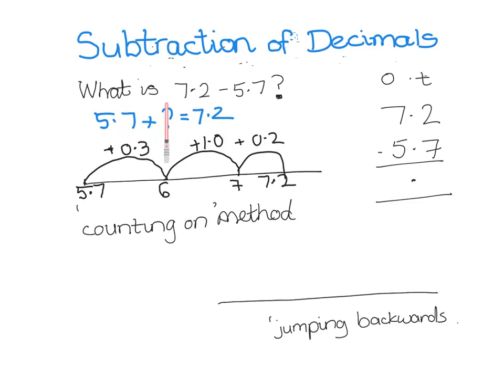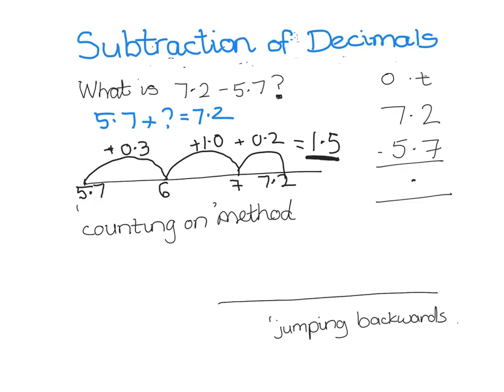So what I have to do is add those 3 numbers together, and the end value I get, well, I've got 1 in the ones place, decimal point, and I have 2/10, add on 3/10, which is 5/10. And there's my answer, 1.5. So 7.2 take away 5.7 is 1.5.